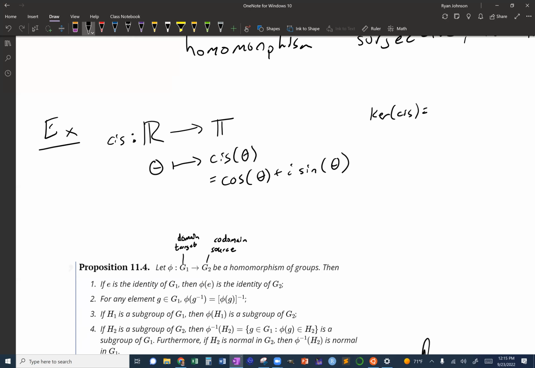Zero, that's one of them. Not pi over 2. 2 pi, perhaps. Yep. Negative 2 pi, 4 pi, negative 4 pi. In fact, basically 2 pi times any integer.